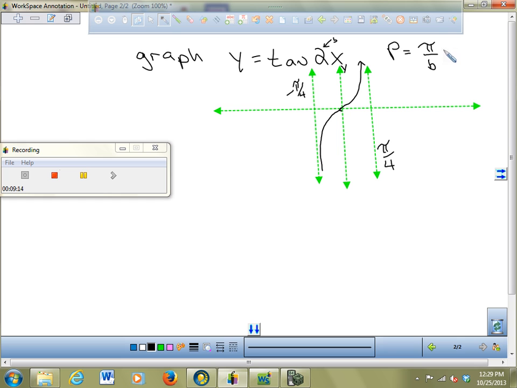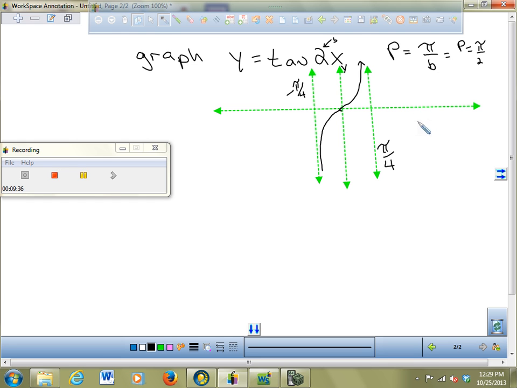And so in this case, the period is equal to pi over 2, right? Which means, since it takes pi over 2 to do 1 cycle of my function, the asymptotes would be at negative pi over 4 and pi over 4. Yeah? Yes? Okay. And so that's what that would look like.